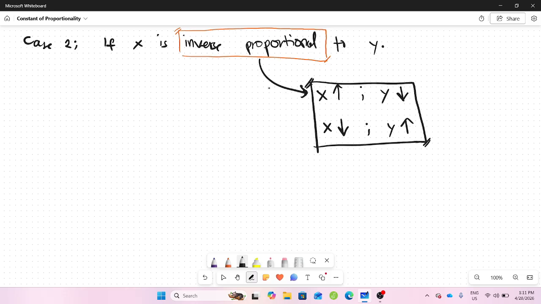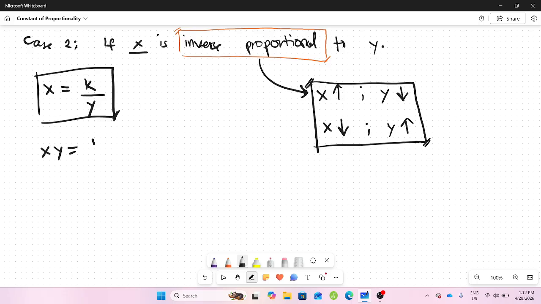Now, how do we write this or convert this to an equation? We state here that x is inversely proportional to y, so I have the constant of proportionality over y. If we want to get the constant of proportionality, we would say x times y gives us the constant of proportionality. What if we reverse the variables?